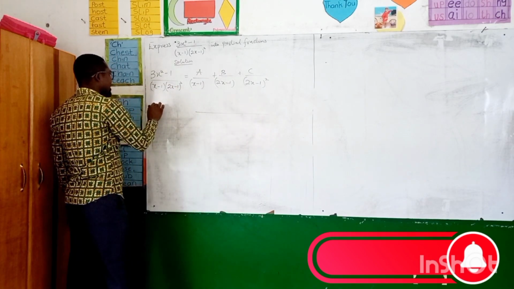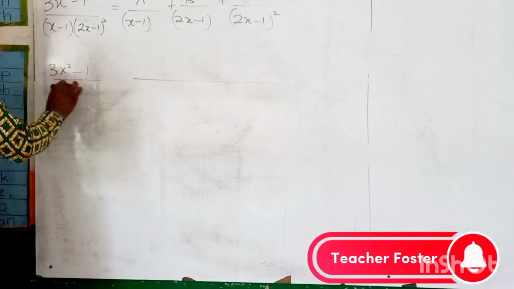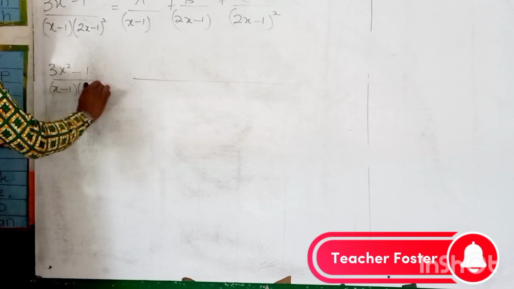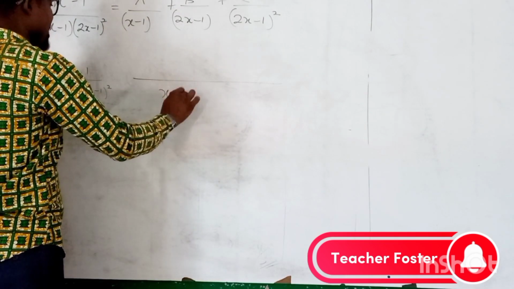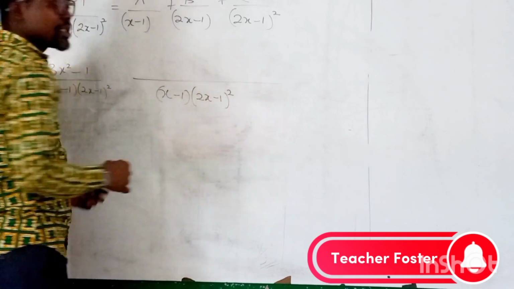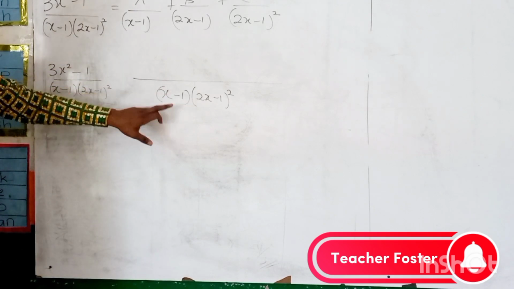So my 3x squared minus 1 over (x minus 1)(2x minus 1) squared will be equal to, my denominator will be the same, (x minus 1)(2x minus 1) squared. So this into the denominator will take care of this.